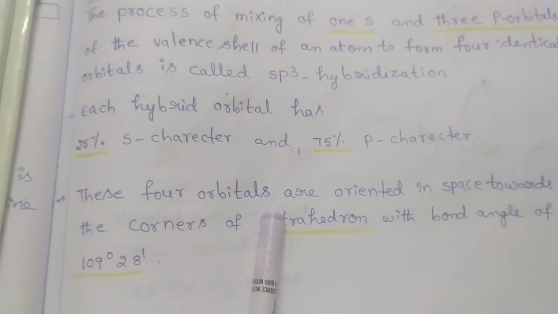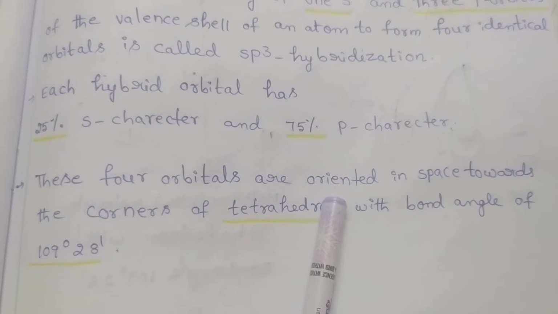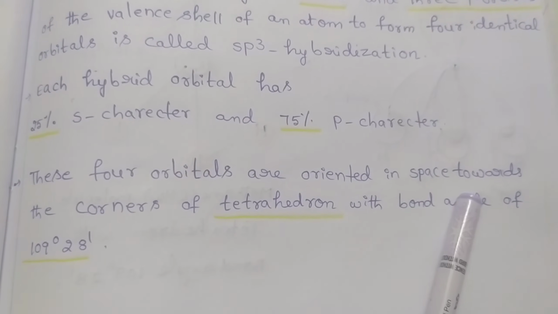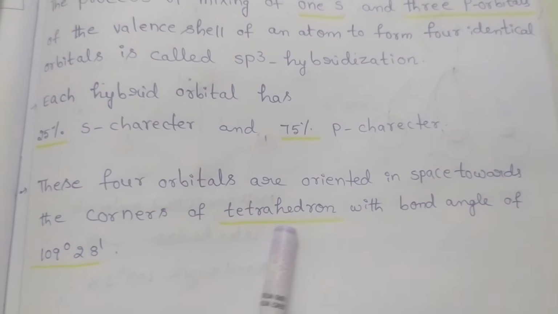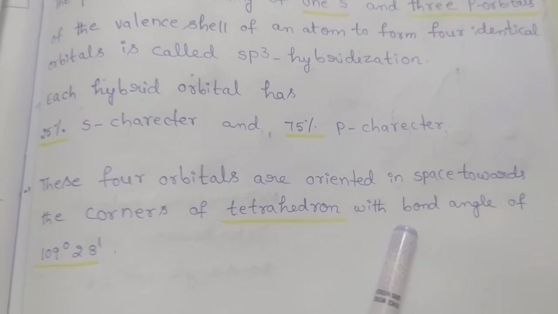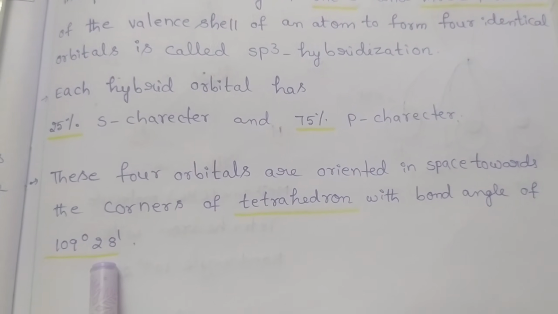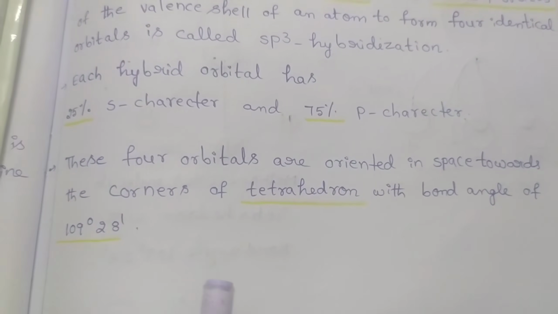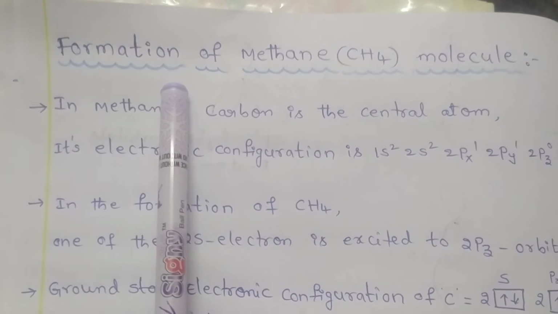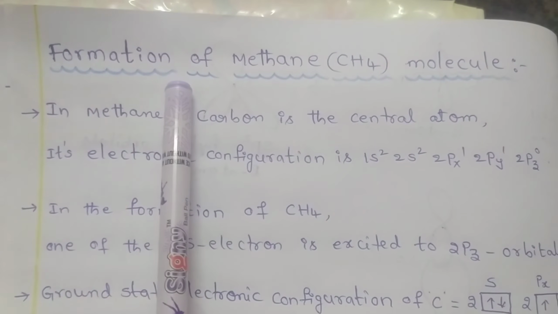These four sp3 hybrid orbitals are oriented in space towards the corners of a tetrahedron with bond angle 109 degrees 28 minutes. Now we discuss the example for sp3 hybridized molecule.